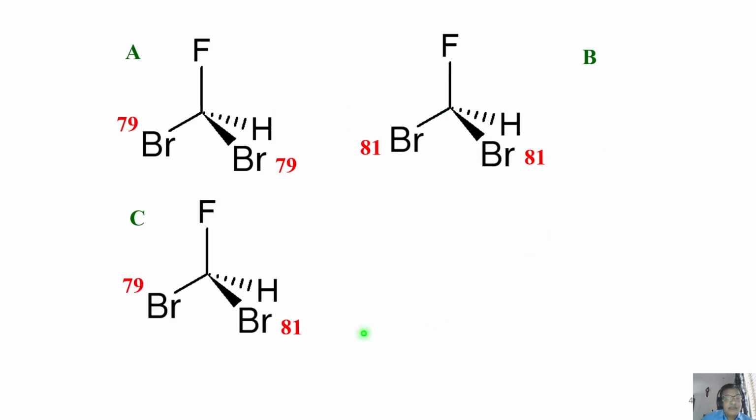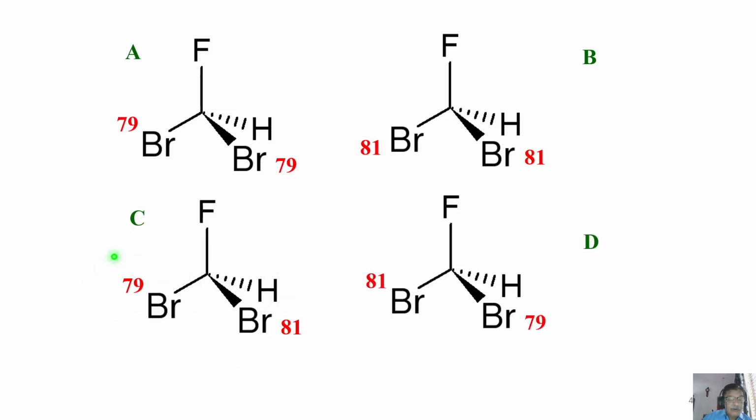Think of another possibility. This bromine is 79 and this bromine is 81. Of course, one more possibility: this bromine is 81 and this bromine is 79, and these two are indistinguishable. You cannot distinguish them.